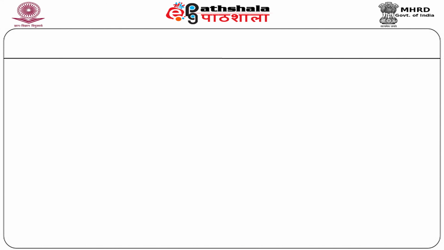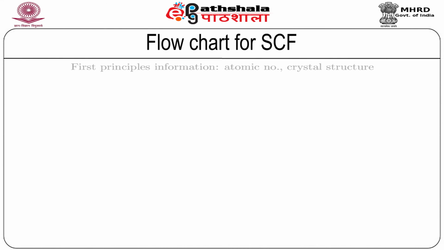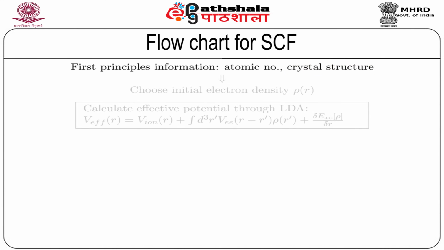So this shows the flow chart for the self-consistent cycle for a density functional theory calculation. One starts with the first principles information. That's why sometimes it is also known as first principle calculation. In the sense, the information one starts with are the atomic numbers of the elements in the compound or in the system and its crystal structure.